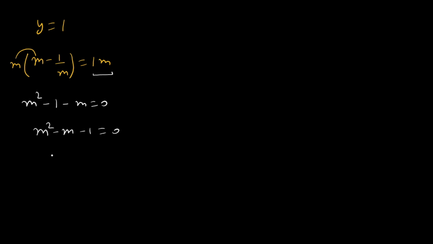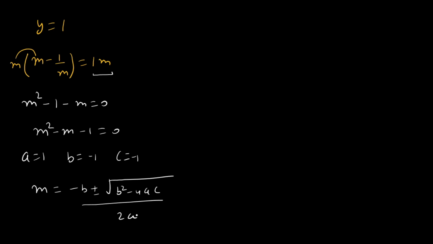This is a quadratic equation, m square minus m minus 1 equals 0. Here we will apply the quadratic formula. Here the value of a is 1, the value of b is minus 1, and the value of c is minus 1. And we know the quadratic formula: minus b plus minus square root of b square minus 4ac divided by 2a.